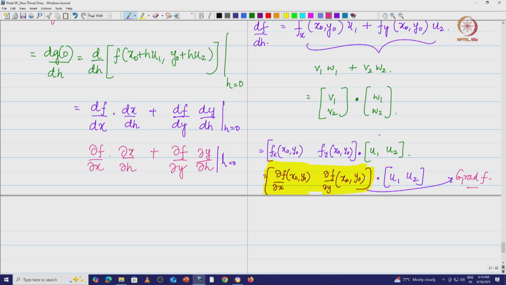Therefore, I am going to give a new name for this. What is the name? We call that the directional derivative.